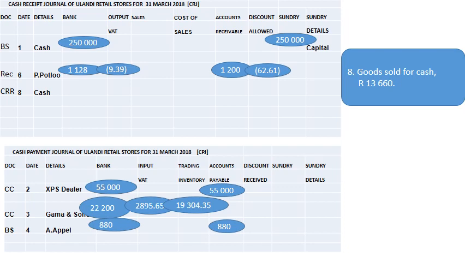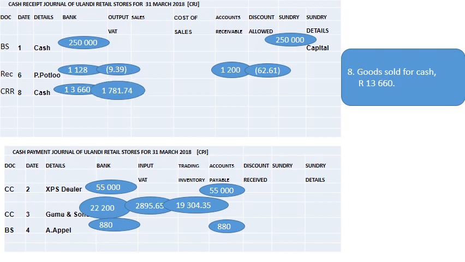we will show a cash register roll, the date, the 8th, under details, cash. In the bank column, the total amount for the sales, including VAT, 13,660. Sales is a qualifying income. Therefore, we are also collecting the output VAT. We determine then the output VAT by multiplying by 15, dividing by 115 because it's an inclusive amount.